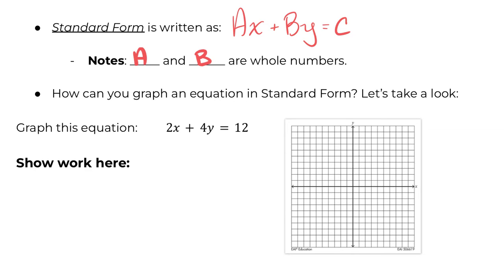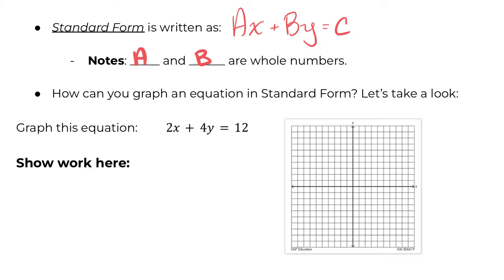Now, the easiest form to graph in tends to be slope-intercept form. So if you remember, slope-intercept form is y equals mx plus b, where m is your slope and b is your y-intercept. So the easiest thing to do is going to be to convert this equation into slope-intercept form.